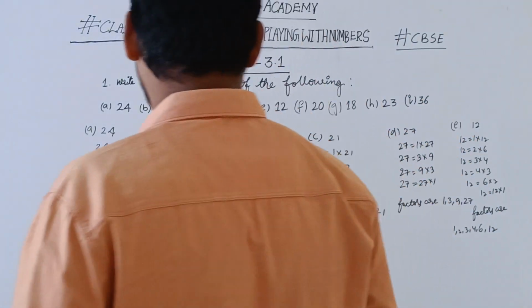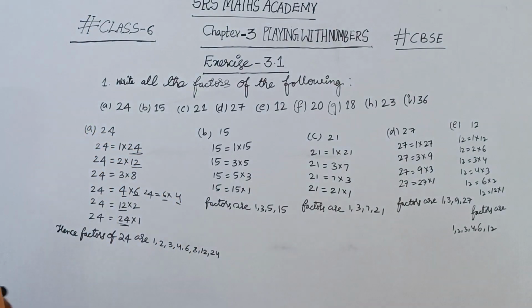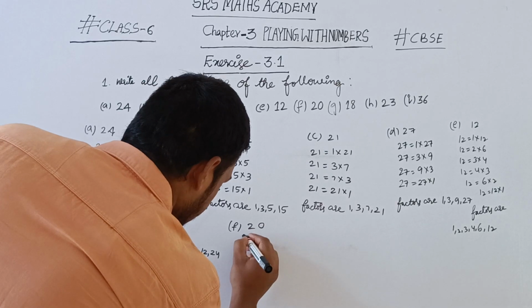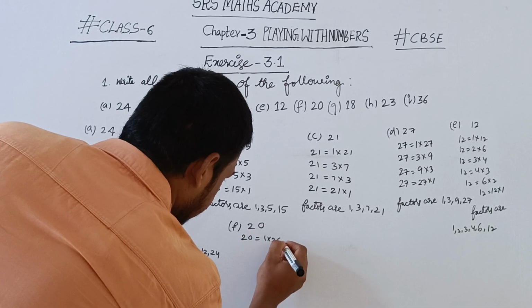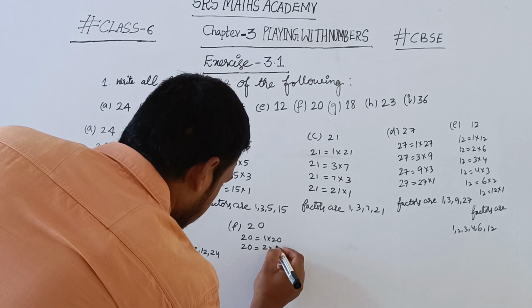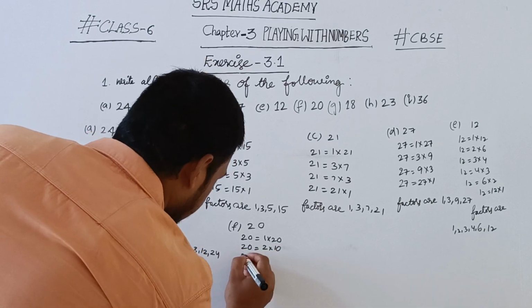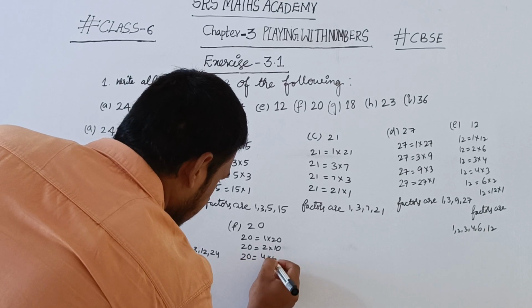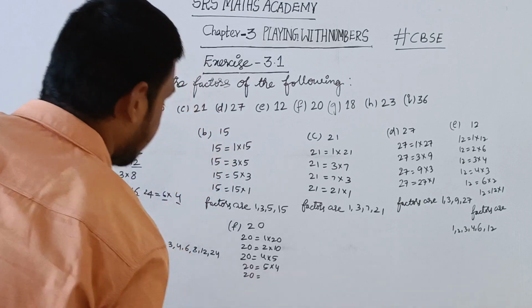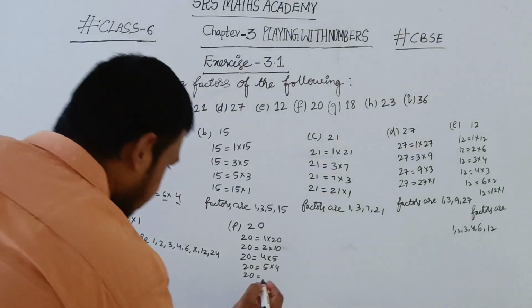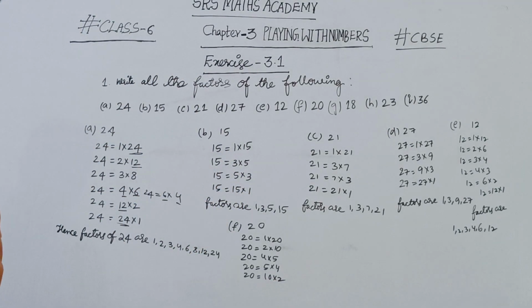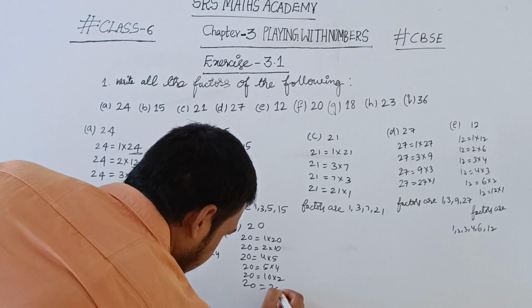Next number is 20. That is 1 20s, and 2 10s. So in 3 table not coming, 4 table 4 5s, 5 table 5 4s, 6 table not coming, 7 table not coming, 8 table, 9 table, 10 table again coming, 10 2s, 11, 12, 13, 14, 15, 16, 17, 18, 19, again it will come in 20 1s.